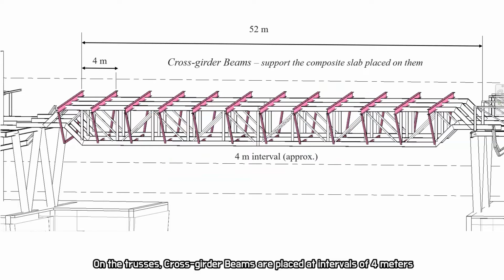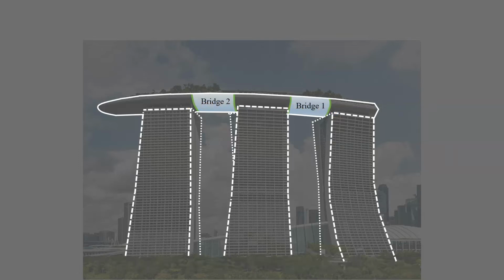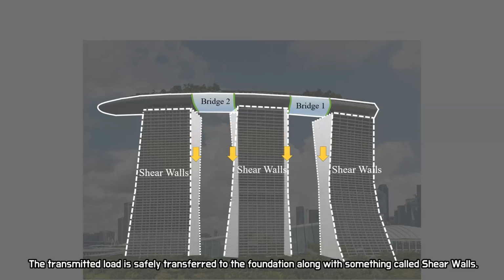On the trusses, cross-girder beams are placed at intervals of 4 meters, and composite slabs are placed on them to transfer the load to the truss. So the vertical load is transmitted from side to side through the trusses. The transmitted load is safely transferred to the foundation along with something called shear walls.